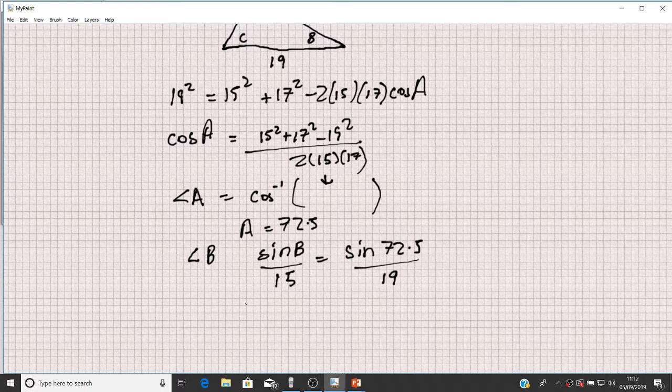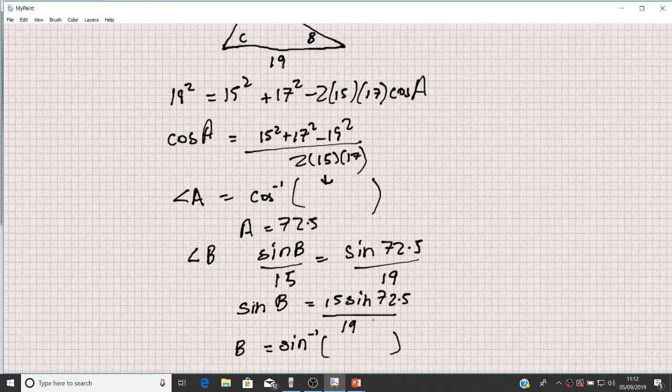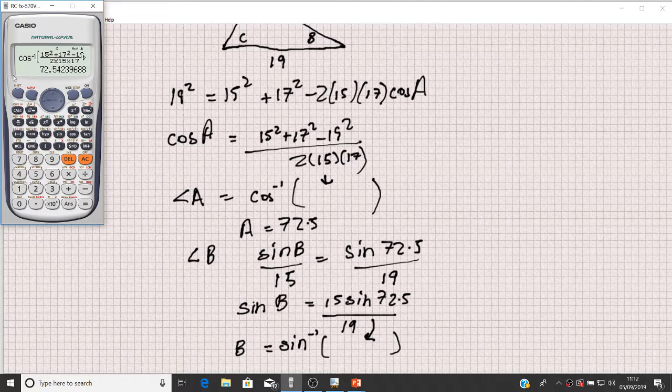So sine B is 15 sine 72.5 over 19, and B is sine inverse of that. I'll do that on the calculator. So we're looking for sine inverse.